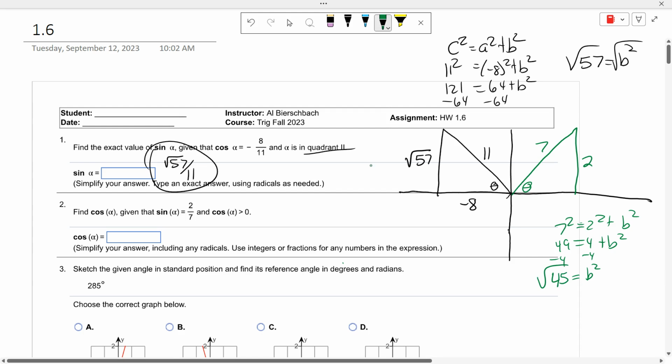So if we take the square root of 45, does that have any perfect squares that go into it? Sure does. 9 does. How many times? 5. So it's the square root of 9, square root of 5, which is 3 square root of 5. So this side of the triangle is 3 square root of 5. So the cosine is 3 square root of 5 over 7.